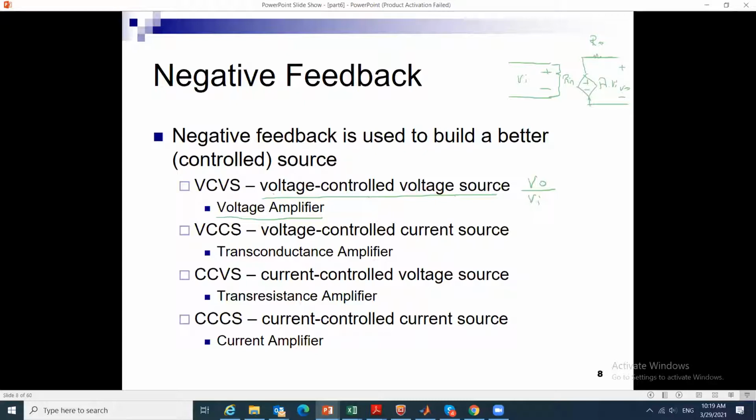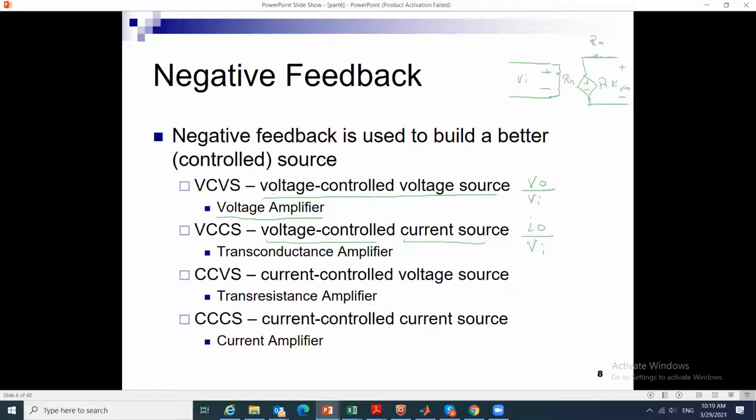Now I can have a transconductance amplifier. What we mean by the transconductance amplifier is a voltage controlled current source. The output is a current because transconductance G is equal to I over V, and the input is a voltage.